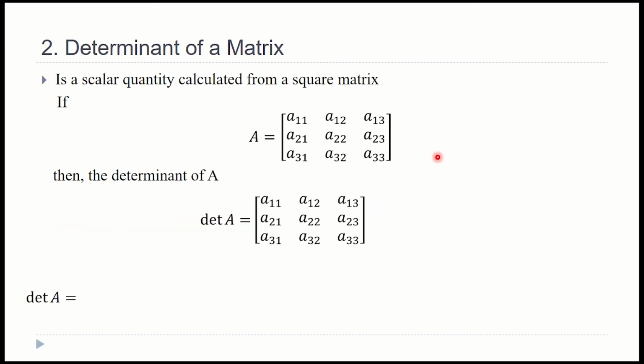Determinant of a matrix is a scalar quantity calculated from a square matrix. If we have a 3 by 3 matrix, then the determinant of A will be equal to, first, we will copy the first and second column of your matrix to the right hand side of your determinant matrix.